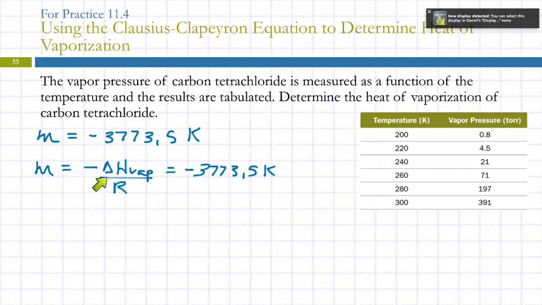So then what we need to do is we need to put in our value for R and solve this equation. I'm going to start out by just getting rid of those negative signs. If I multiply both sides by -1, then I get this, right? So the negative signs went bye-bye. We're going to use an R value, the 8.314 joules per mole Kelvin.